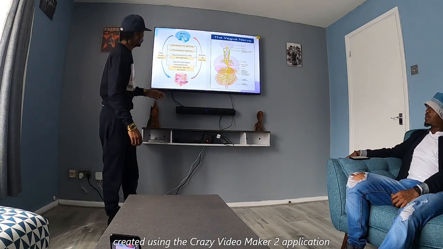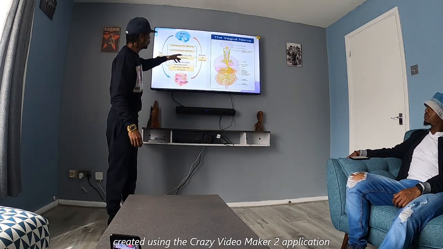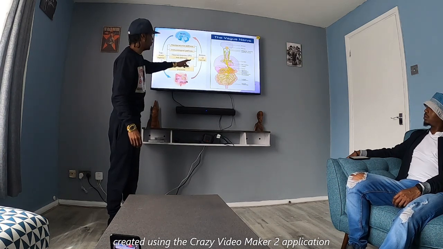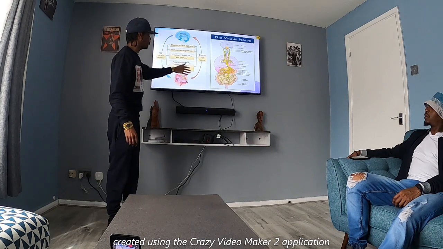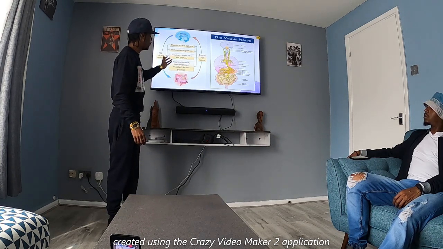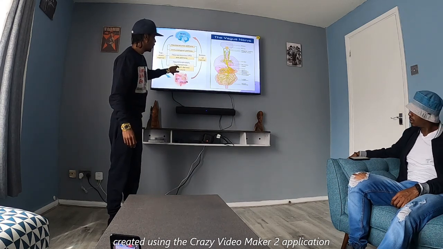You've got the autonomic pathway, the immunomolecular pathway, and the neuroendocrine pathway. This is neurotransmitters, hormones. It's a form of communication. Neuropeptides and microbe-derived products.